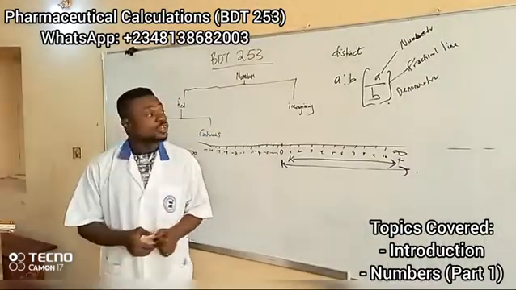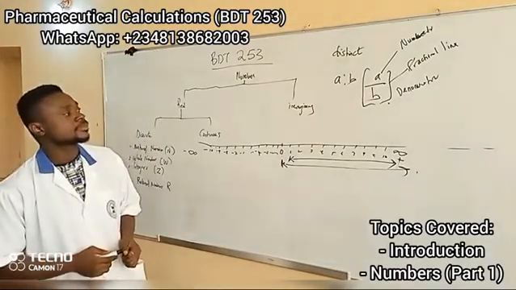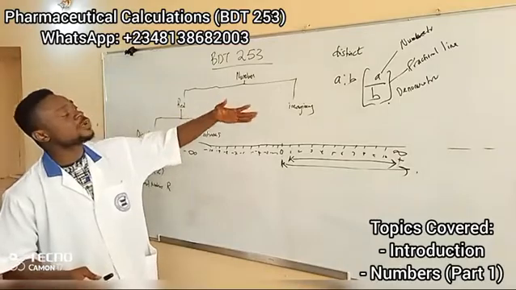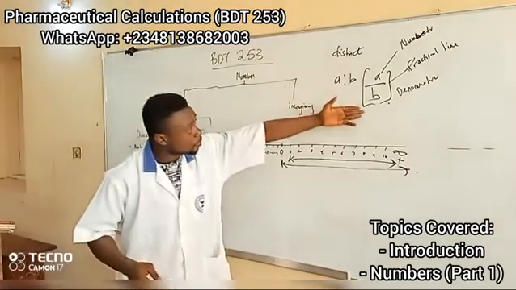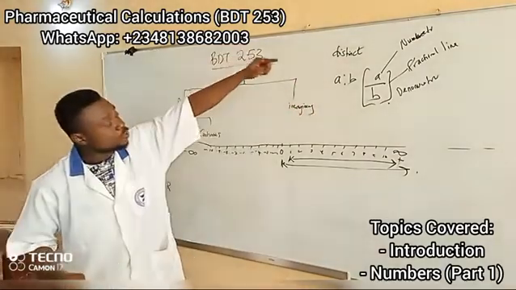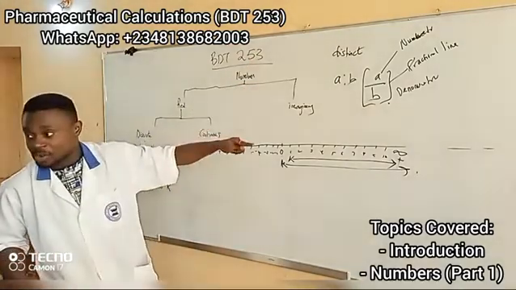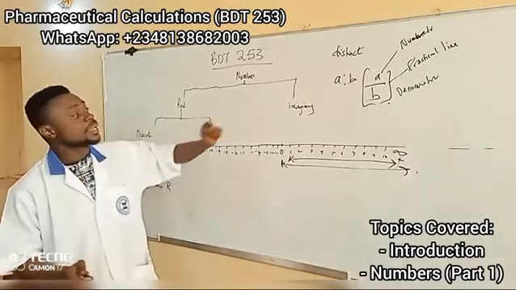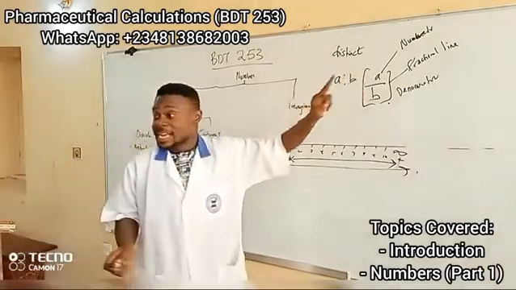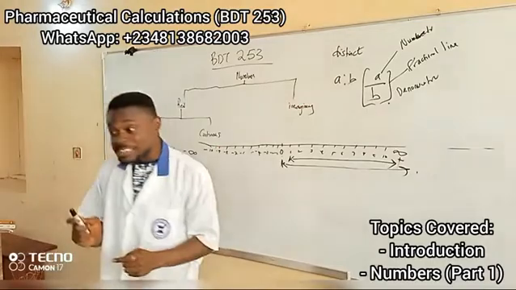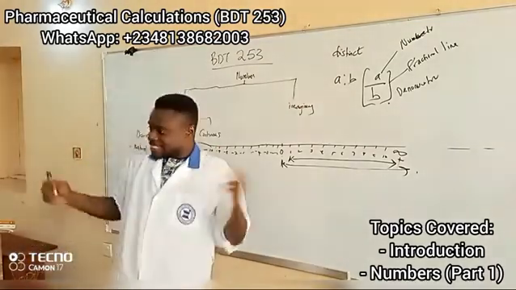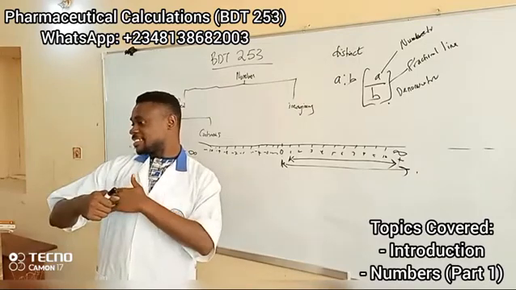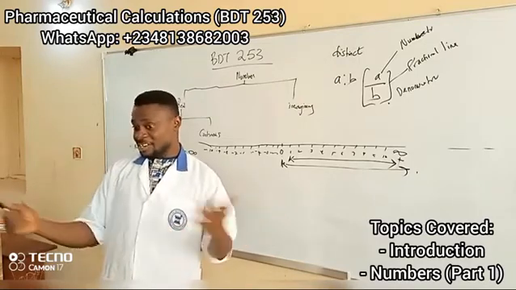Now, one thing you need to note is that I said rational numbers are fractions in which the numerator and the denominator are integers. If you say integer, you may relax and say since 0 is an integer, that means 0 can be the numerator and 0 can be the denominator.